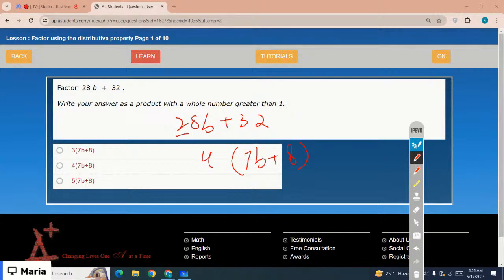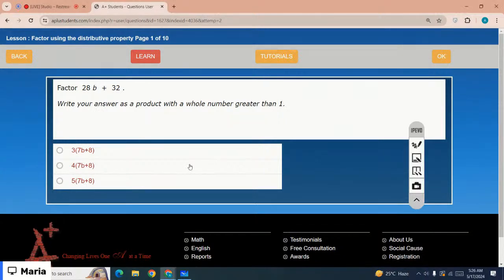The correct option is option number 2, that is 4 times 7p plus 8. 4 times 7p plus 8 is the correct option.